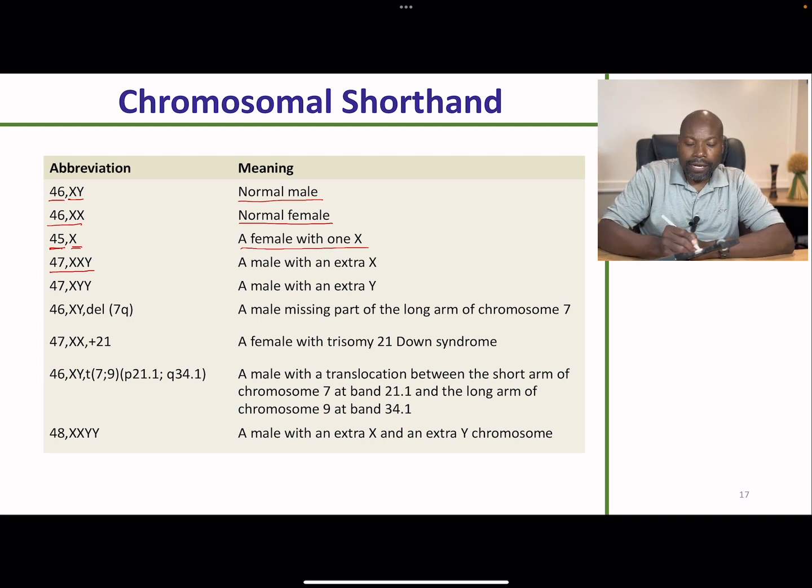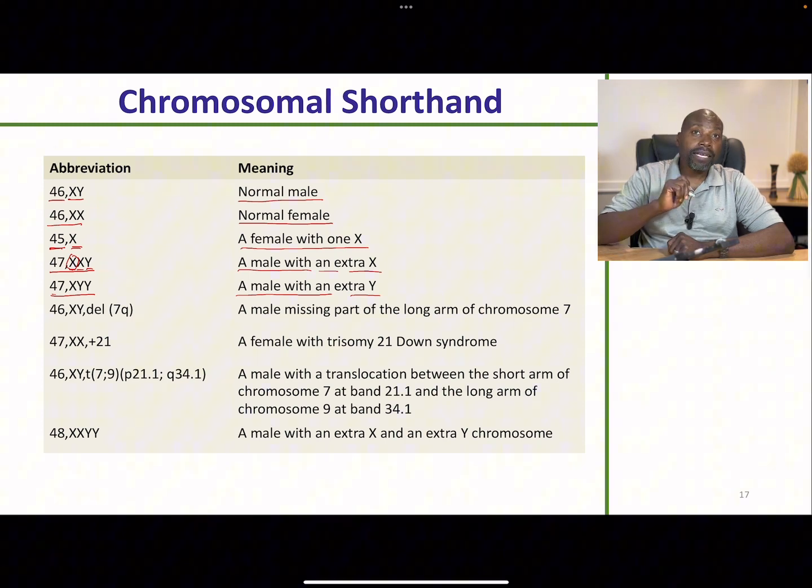So we have XXY. Oh, this is a male that has an extra X chromosome, right? A male with an extra X chromosome. We can have 47XYY. This is a male with an extra Y.